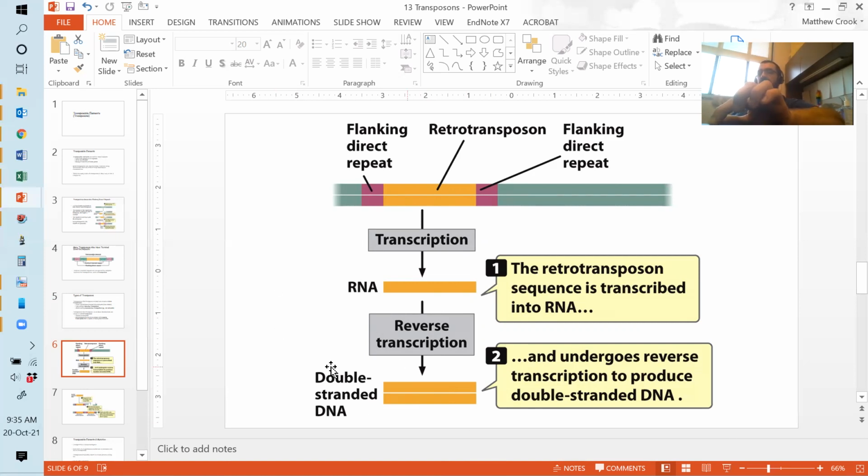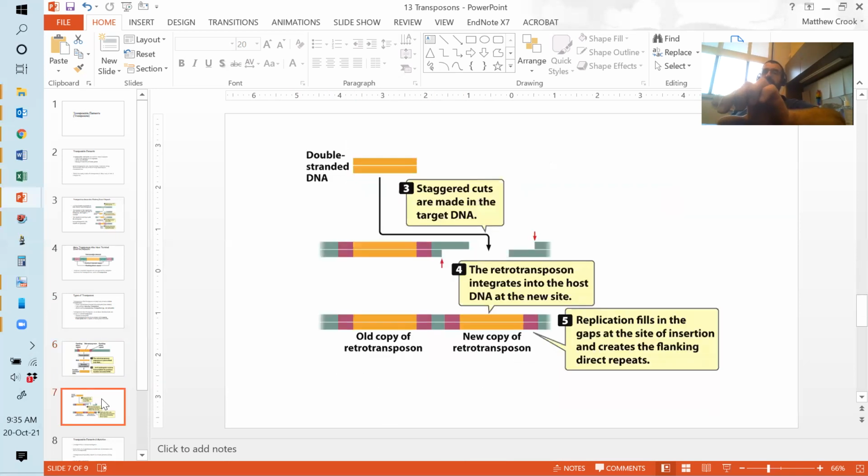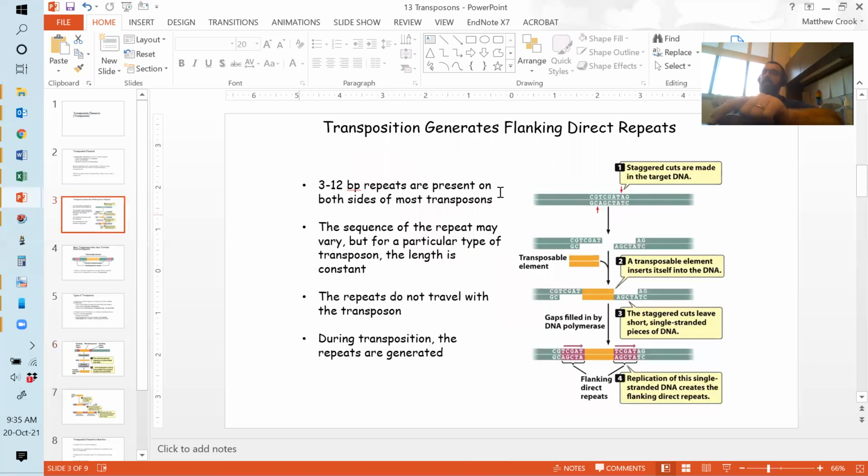Anyway, so it makes double-stranded DNA, and that then is the thing that's inserted into the double-stranded break. So you first make a double-stranded DNA copy of that transposon, and then with the transposase that is encoded by the transposon, you undergo the same process up here where you have a double-stranded break.